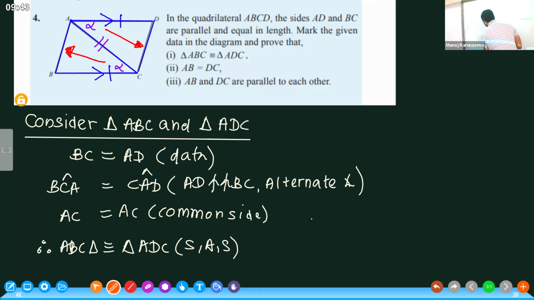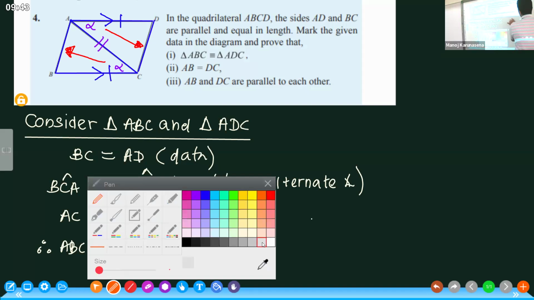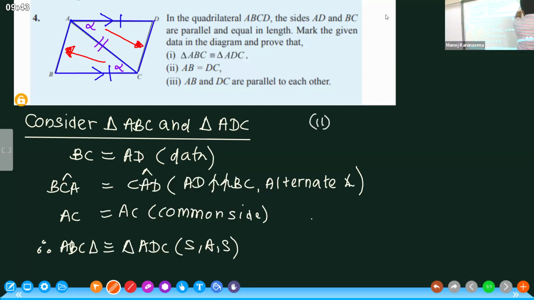AB equals DC. Corresponding elements of congruent triangles are equal. That is the reason.